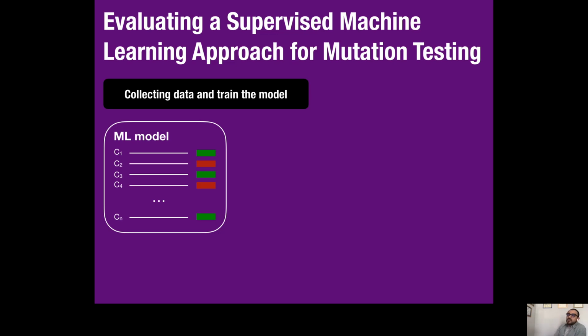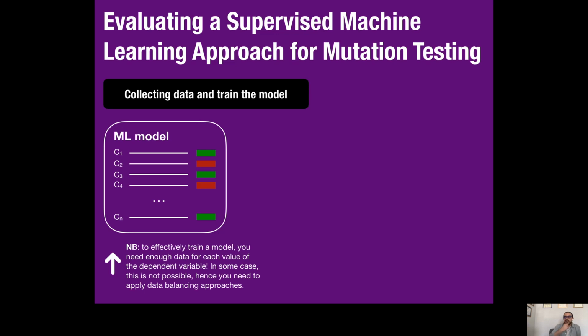Here, the important thing to say is that to effectively train a machine learning model, you need enough data for each value of the dependent variable. What does it mean? It means that if you have, like in our case, two classes, effective and not effective tests, you may want to have the same or a similar amount of observations for the two classes.